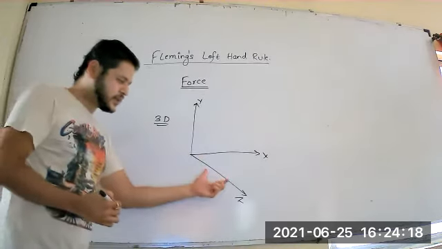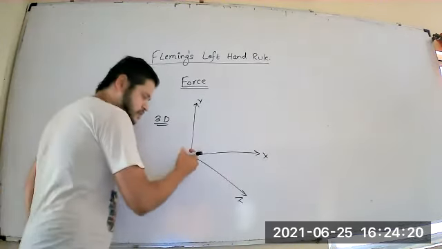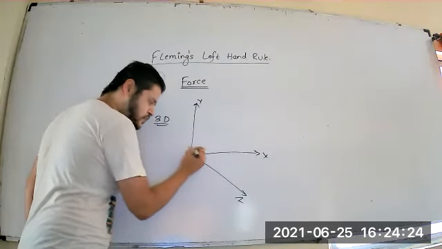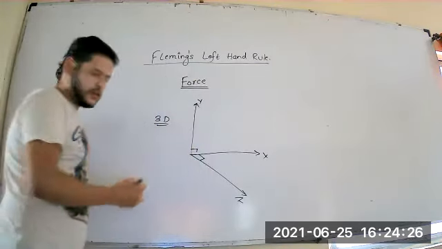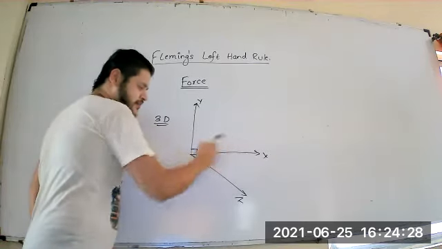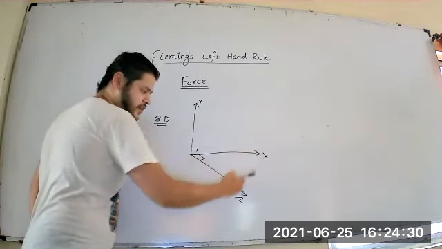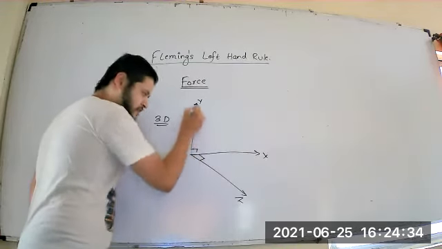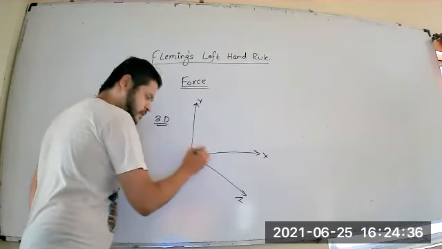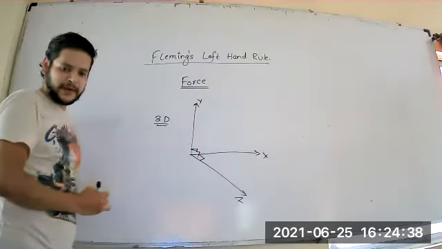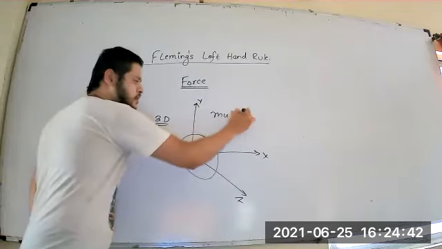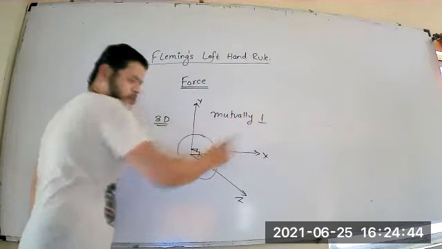So if we consider any two axes at a time, x and y, they are perpendicular. If we consider x and z, they are also perpendicular. If we consider y and z, they are also perpendicular. So this concept is called mutually perpendicular.